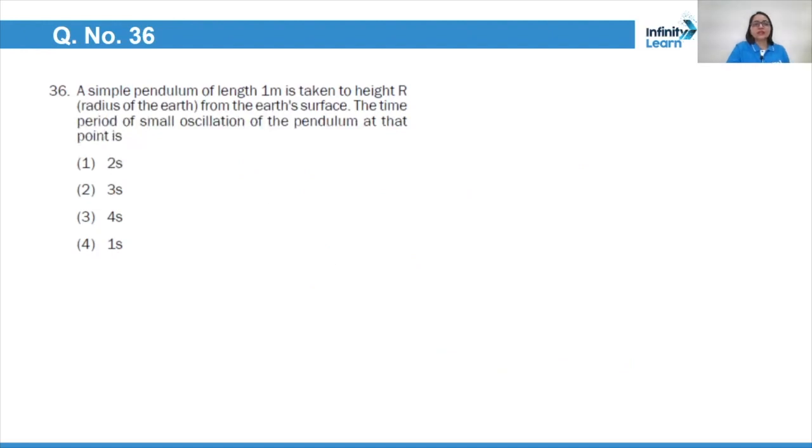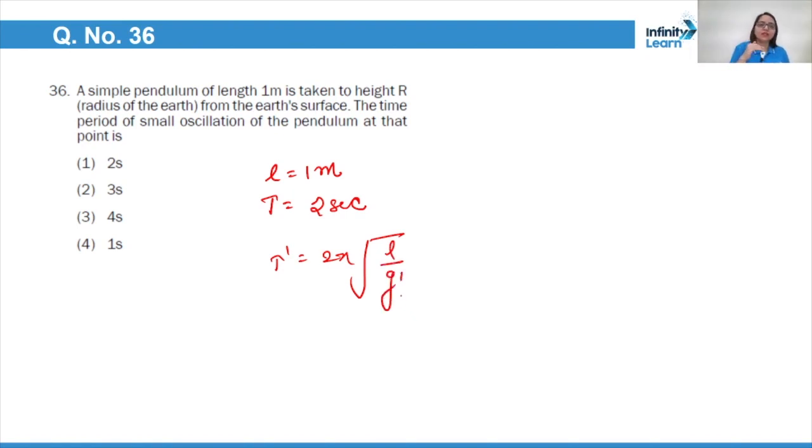Question number 36. A simple pendulum of length 1 meter is taken to a height r from the surface of the earth. What is the time period of small oscillation of the pendulum at that point? So the length of the pendulum is 1 meter. That means it is a seconds pendulum, right? So the time period on the surface of the earth is 2 seconds. The new time period T dash will be 2 pi under root L upon g dash. We are not changing the length. We are changing the value of acceleration due to gravity by taking this pendulum above the surface of the earth to a height r.